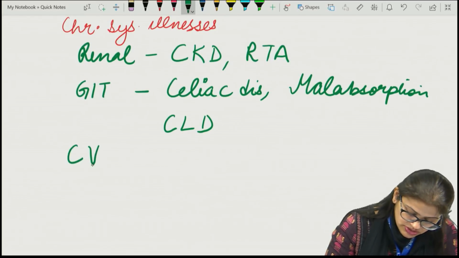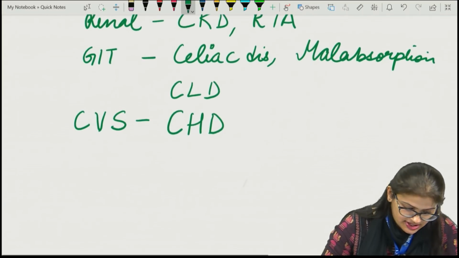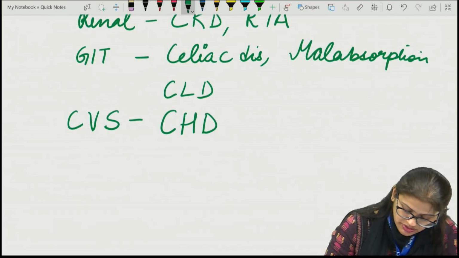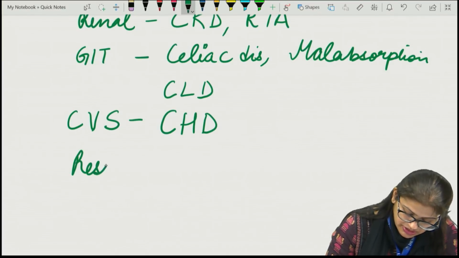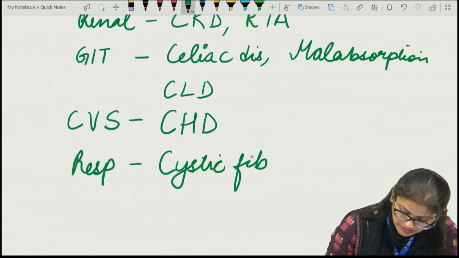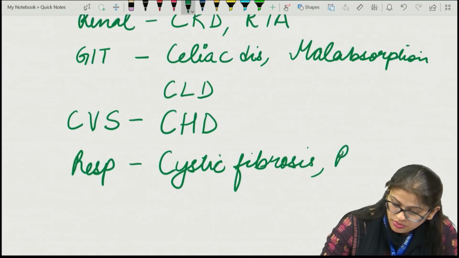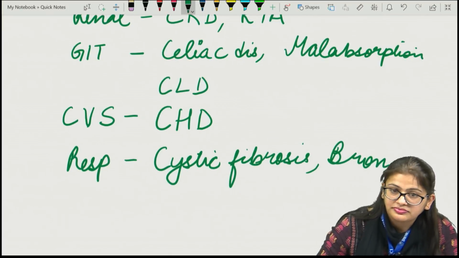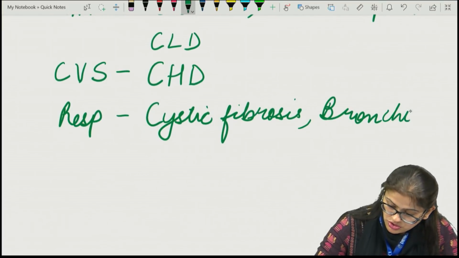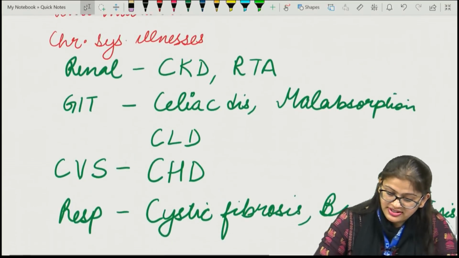In the cardiovascular system, it can result from congenital heart diseases, both cyanotic as well as acyanotic. In the respiratory system, it can result from cystic fibrosis, and it can also result from bronchiectasis.